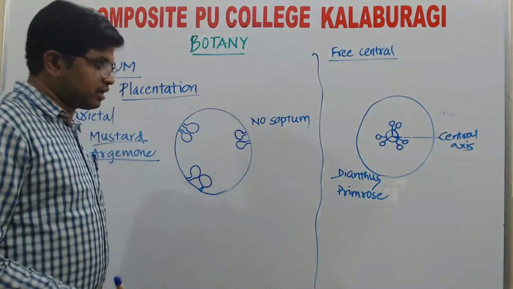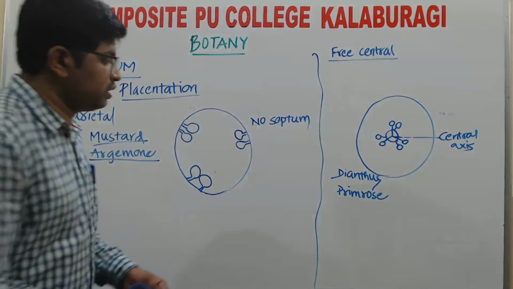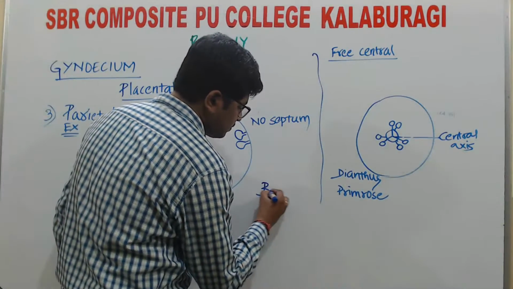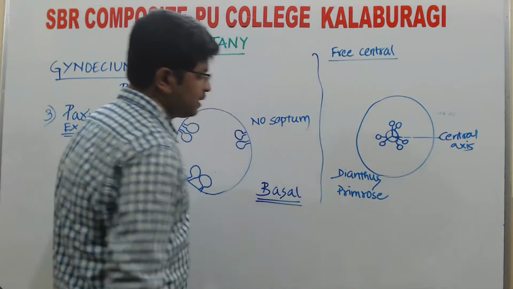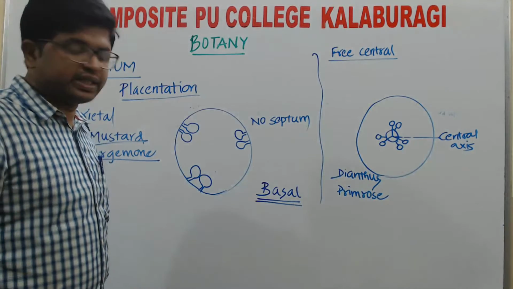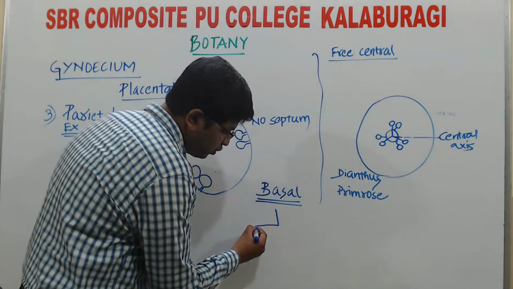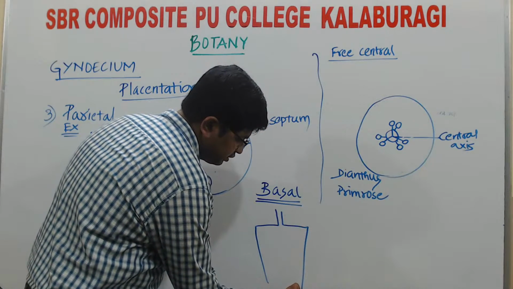Okay, and the last kind of placentation is the basal placentation. In basal placentation, you will see that there is only one ovule attached to the base.